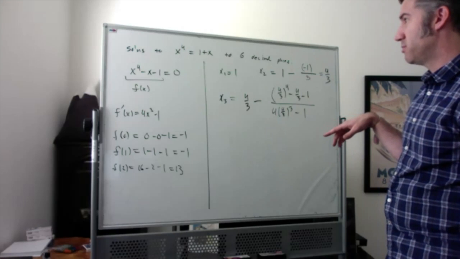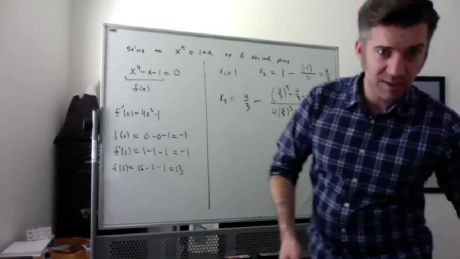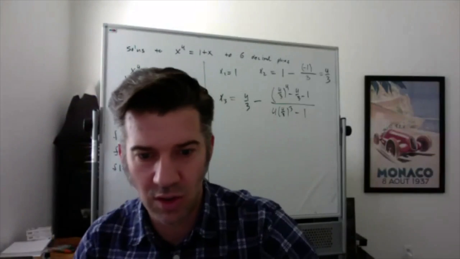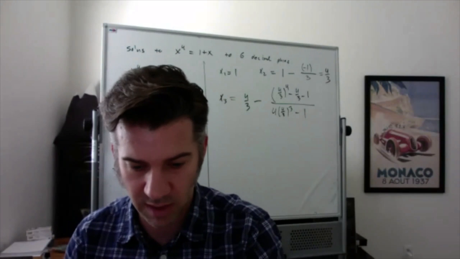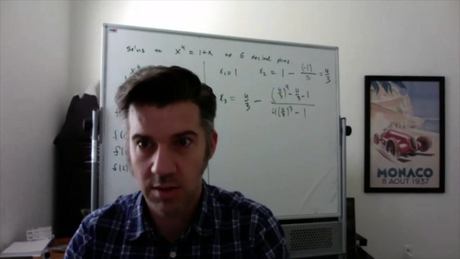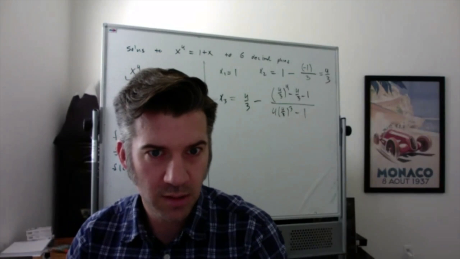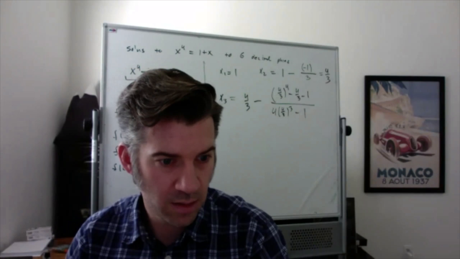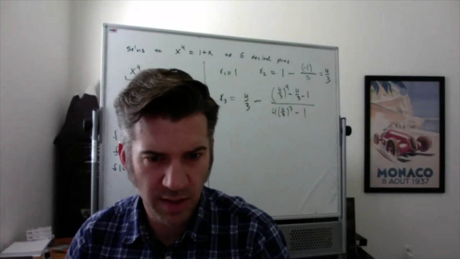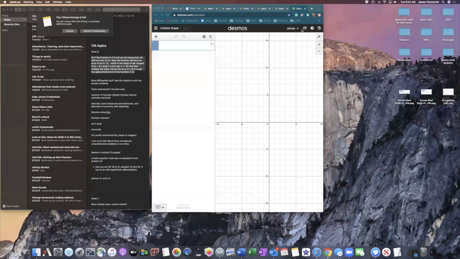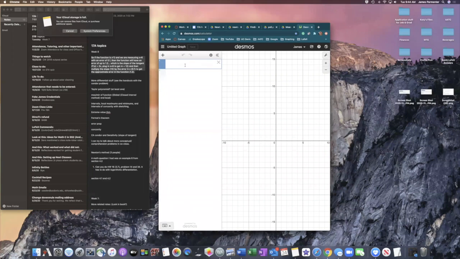It's not fun. There is a way you can make this a little bit easier on yourself, I think. Let me show you how I would try to make my life easier with this problem. I want to be able to put in an x and get out that mess over there.